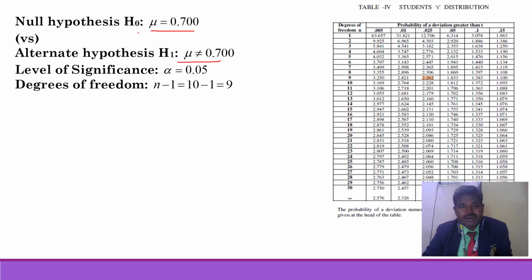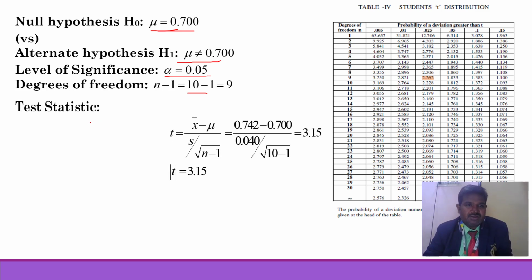Again I repeat, the null hypothesis H naught is mu equal to 0.7, the population parameter. The alternative hypothesis H1 is mu not equal to 0.7. The level of significance is not mentioned in the problem, therefore we choose the level of significance as 5%, that is alpha equal to 0.05, with the degrees of freedom n minus 1, that is 10 minus 1, which is 9.